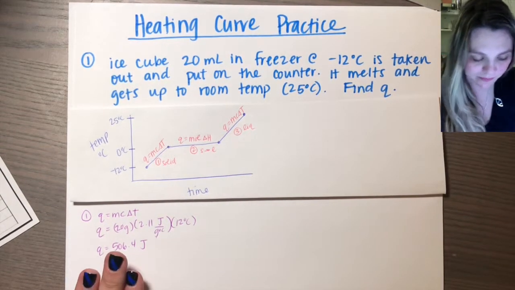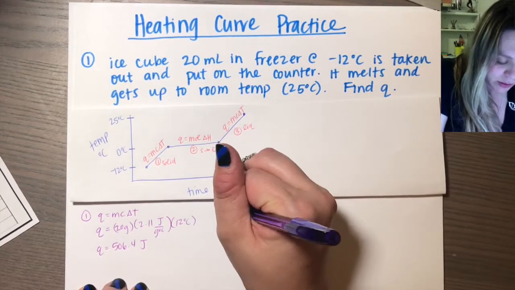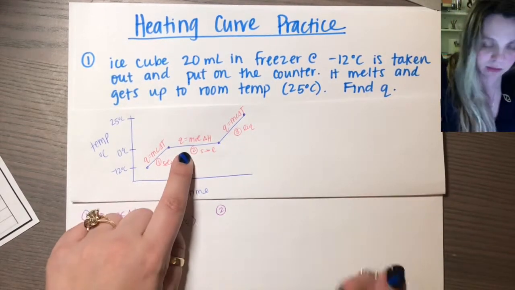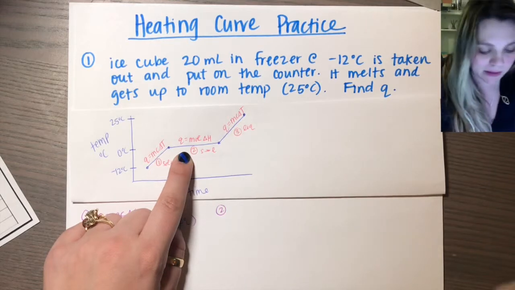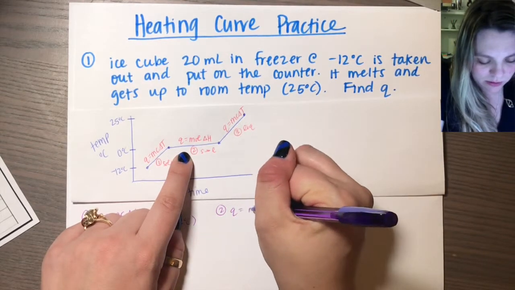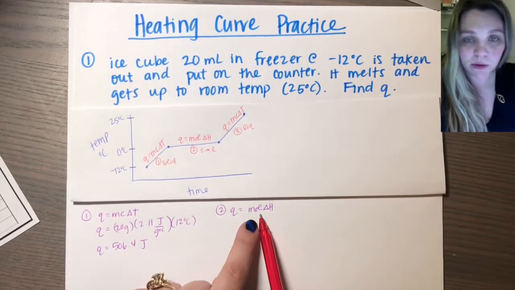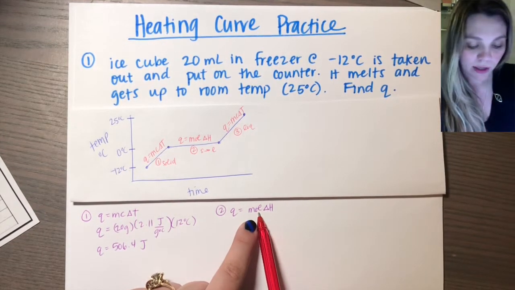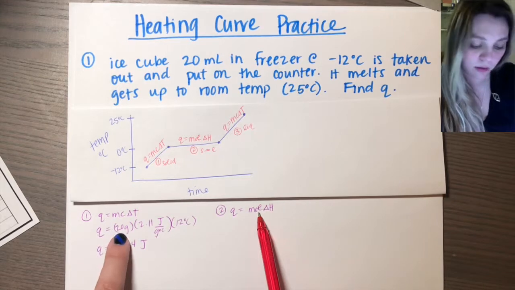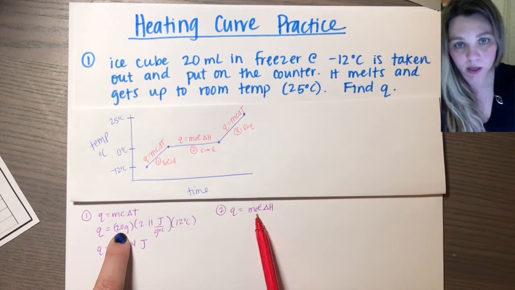That's part 1. Then I have part 2, which is going to be fusion, right? Melting. Q equals mole delta H. We have a small problem because it asks for the moles of water. So you actually have to know how to convert between grams and moles, which is not hard.